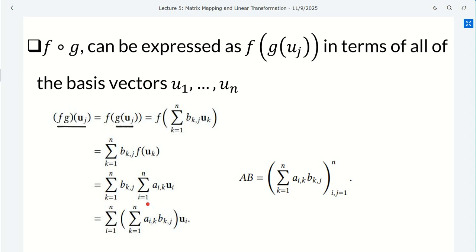When you follow the previous calculation, you end up getting this, which is the matrix multiplication we are doing. By looking at it, you see that the inner dimensions are equal, k and k, so we can multiply. So you see that we can use linear transformation to add two matrices, and we can also use it to multiply two matrices.